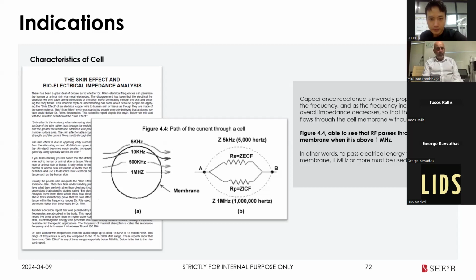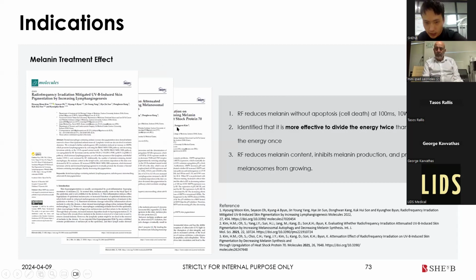Also, we have these 3 different clinical studies showing that multiple pulses are much more efficient to target the melanosomes membrane. This clinical paper shows the difference between 1 continuous wave and 2 pulses on the same duration.